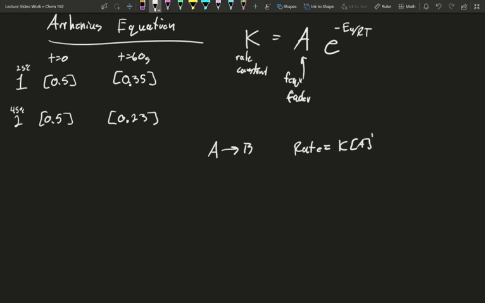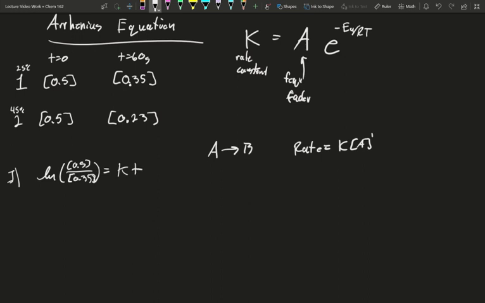So if we've done that work and already determined that it is, say, a first order reaction, we can take the integrated rate law to find K. We can say that the natural log of the initial concentration, so 0.5, we'll do run 1 first, over 0.35 must be equal to kt.